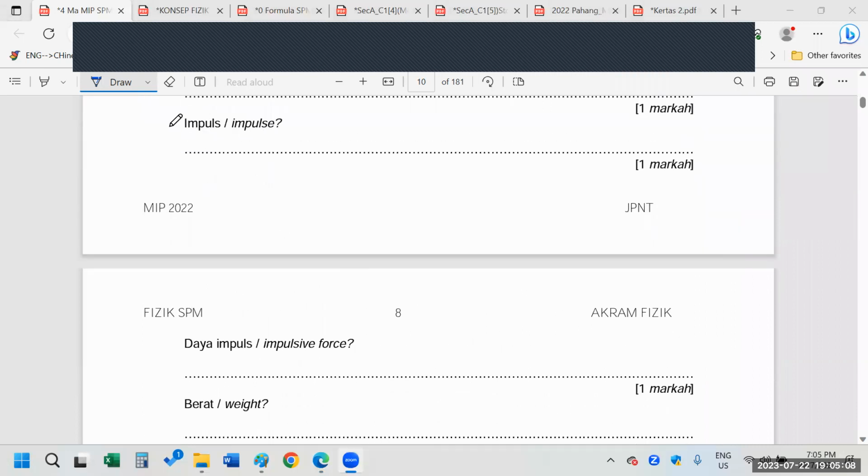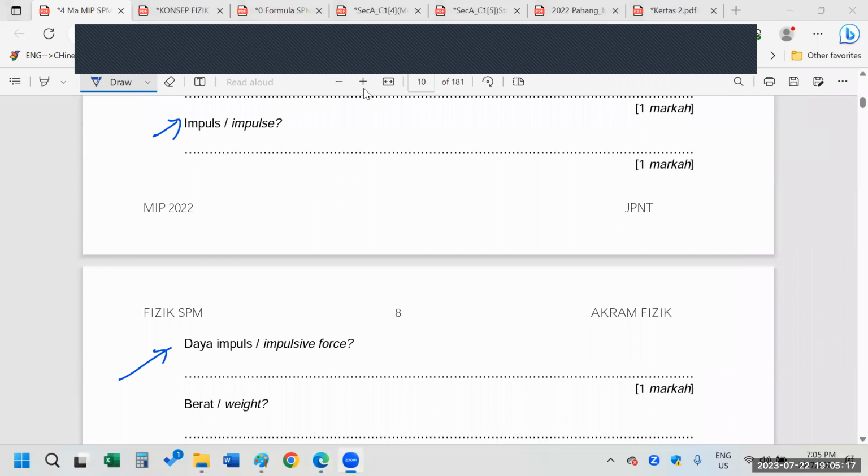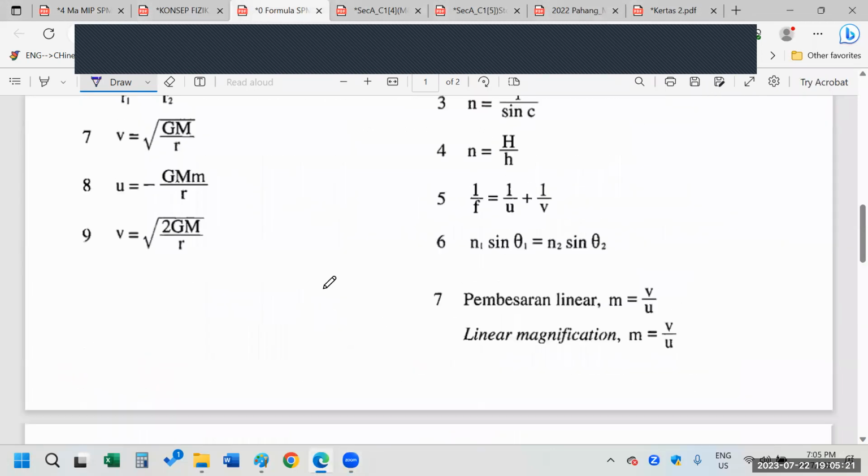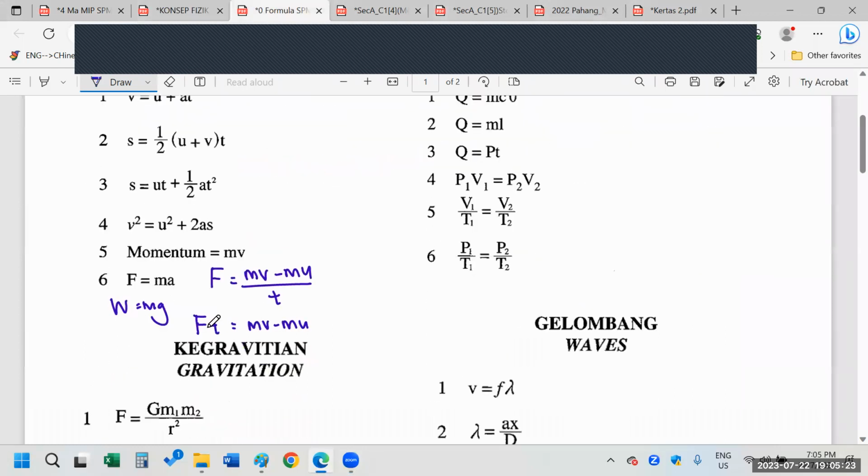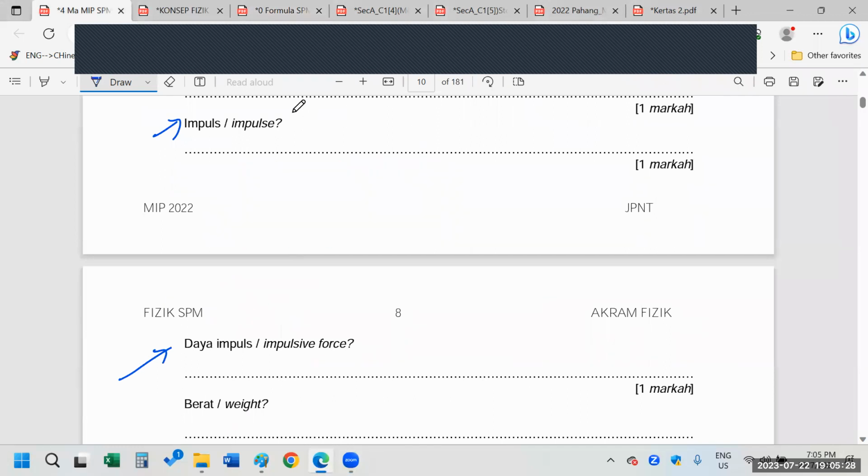Okay, so here, impulse and impulsive force is confusing. Impulse is this, Ft. Impulsive force is force only. So you can write Ft equals mv minus mu.